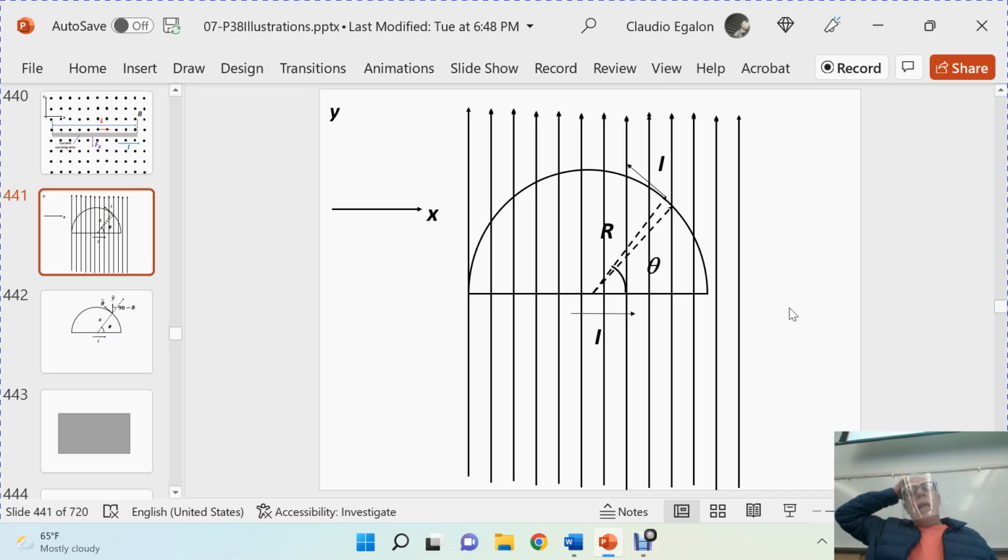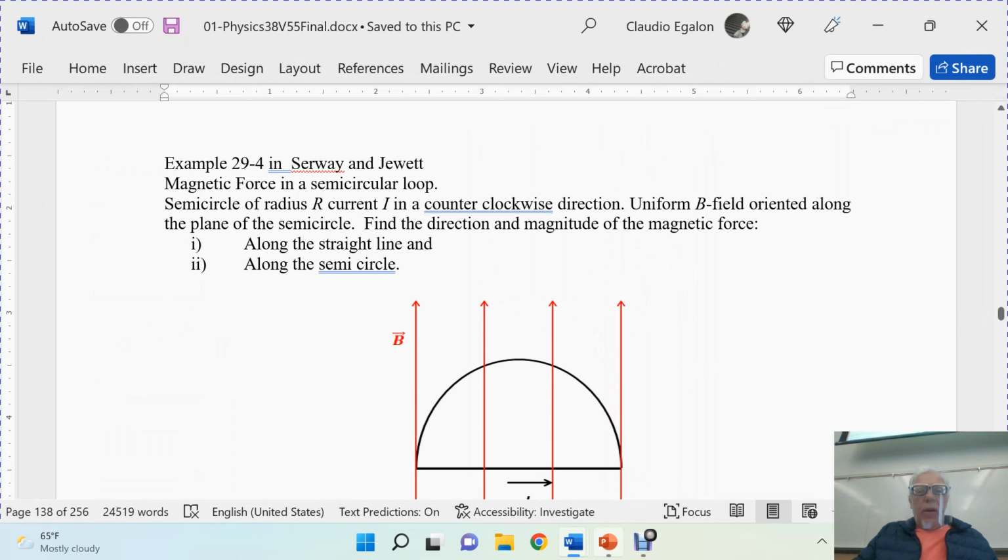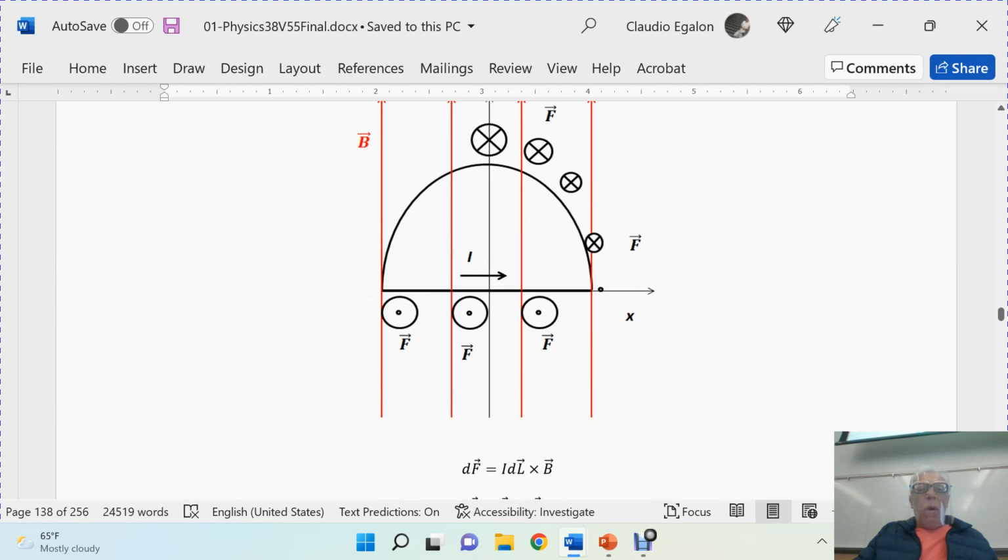So just do the I cross B. The magnetic field is going to point towards you, just like you see in the drawing here. Here at the bottom, the magnetic field is pointing towards you. But now, since the current is reversing direction, it should point into the board.